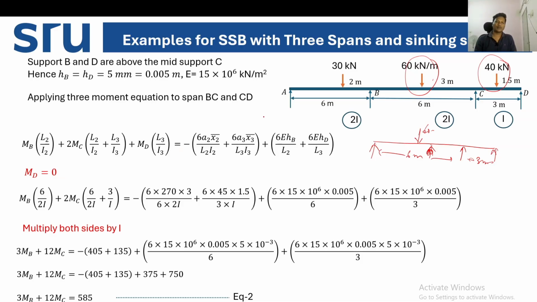So we'll just apply the three moment theorem for the span BC and CD and we'll rewrite the equation here. So carefully look into the equation. What is the sequence of the components you can see?